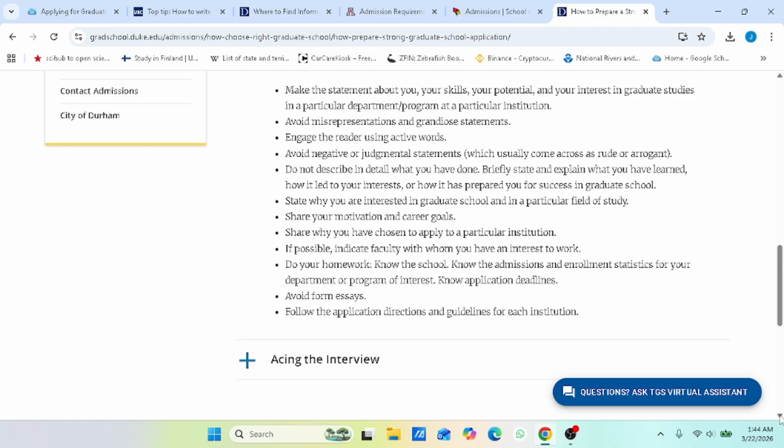Next, state why you are interested in graduate school and in a particular field of study. Next, share your motivation and career goals. Why do you want to do this program? How does this program fulfill or contribute to your short-term goals and long-term goals?